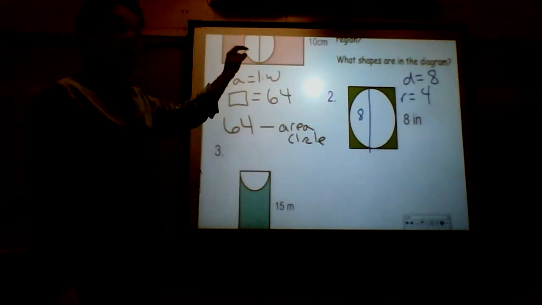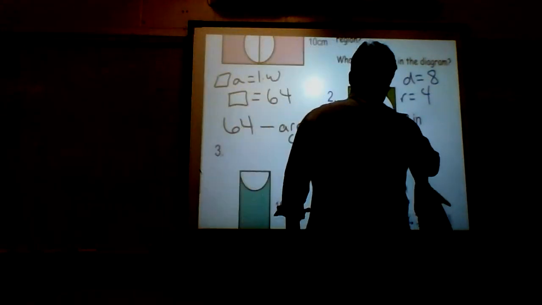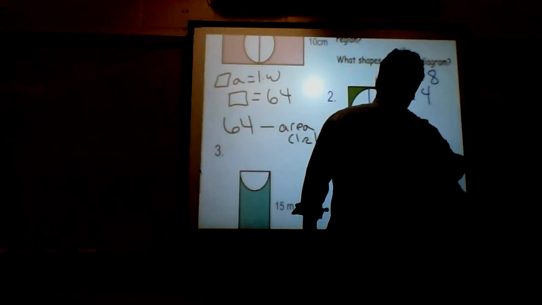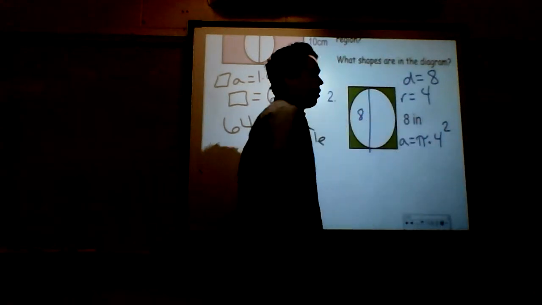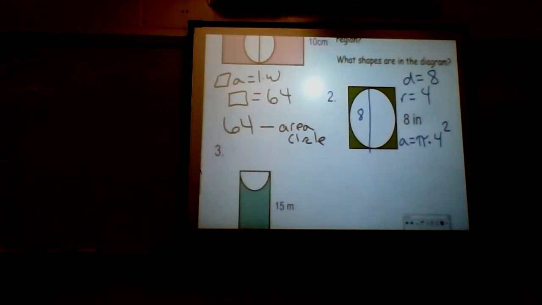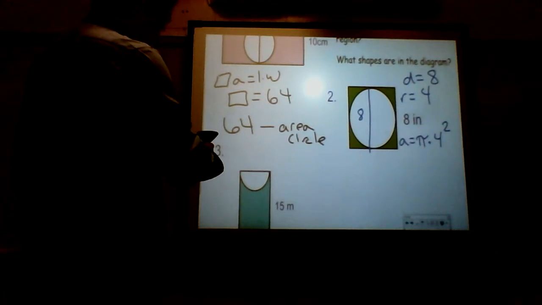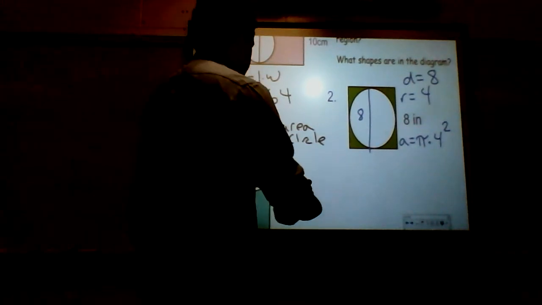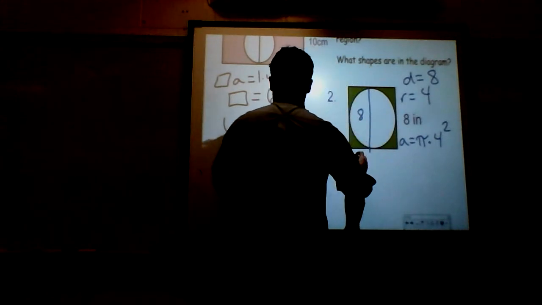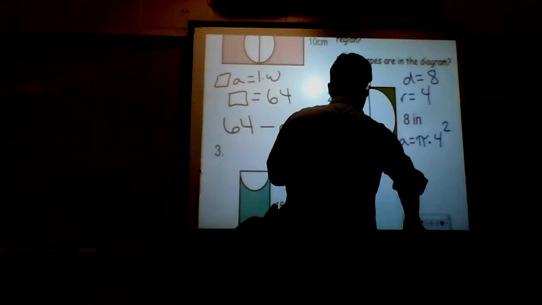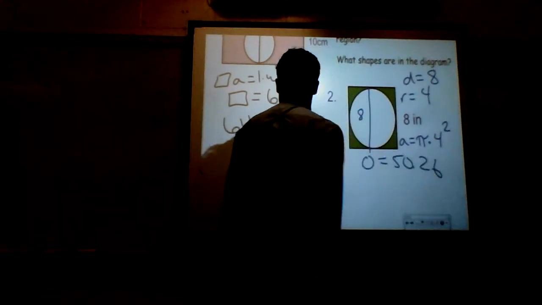So to determine the area of that circle, the area is pi times radius to the second power. On my calculator, that's pretty simple. Pi times radius to the second power, and I get an area of the circle of 50.26.